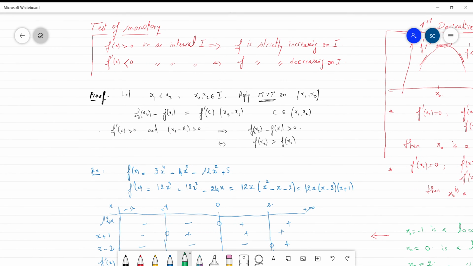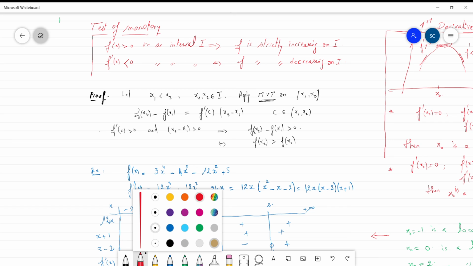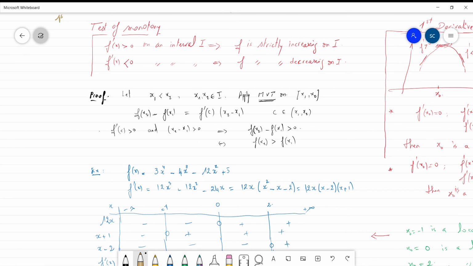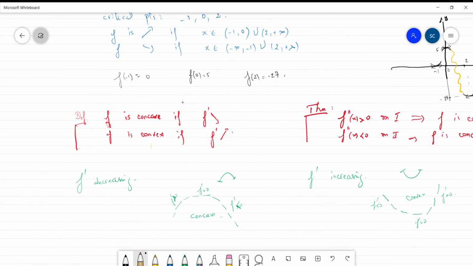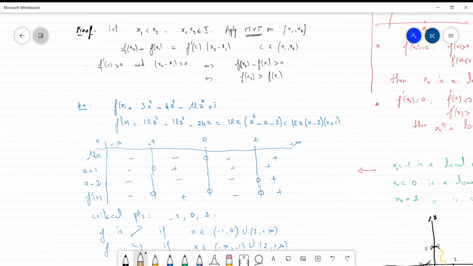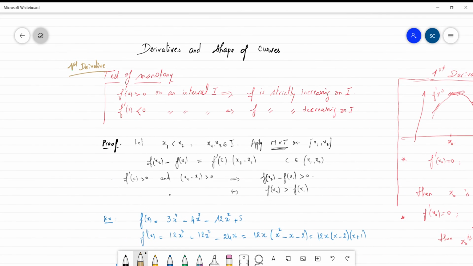All that information is given by the first derivative, and now we saw something about the second derivative.